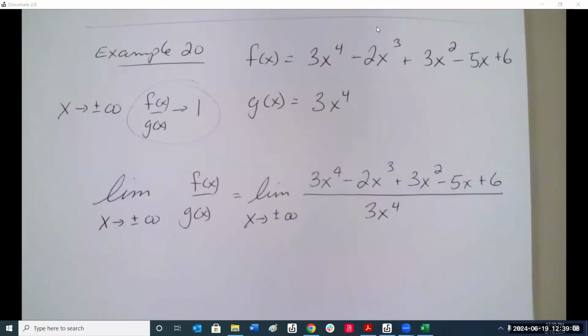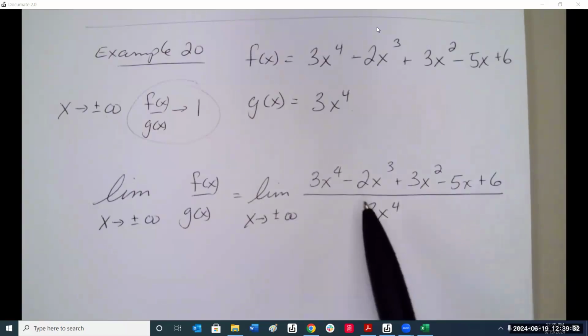If x goes to infinity, what asymptote is that looking for? Well, it's going to look for the horizontal asymptote.